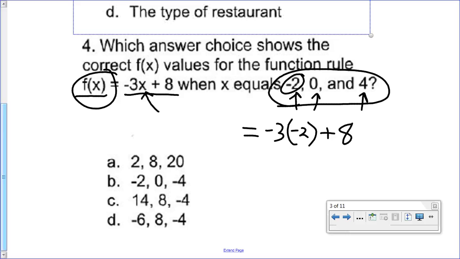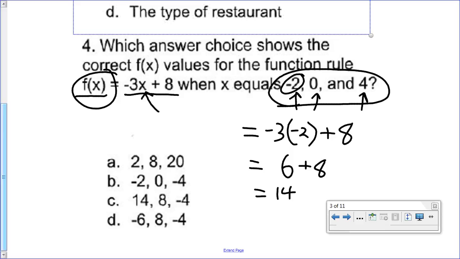Well, a negative times a negative is a positive. Okay, so -3 times -2 is +6. Okay, so we just write it below it, plus 8. 6 plus 8 equals 14. So our first sort of result is when we input -2, we got out 14.